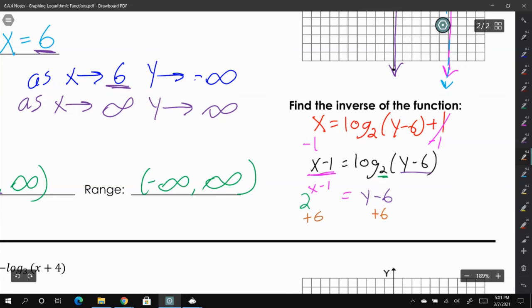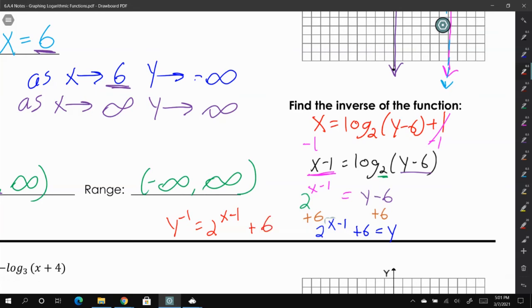That 6 is not being added to the exponent. So 2 to the x minus 1 power plus 6 equals y, which makes the inverse 2 to the x minus 1 power plus 6. So you still need to know your rules to convert from log form to exponent form.